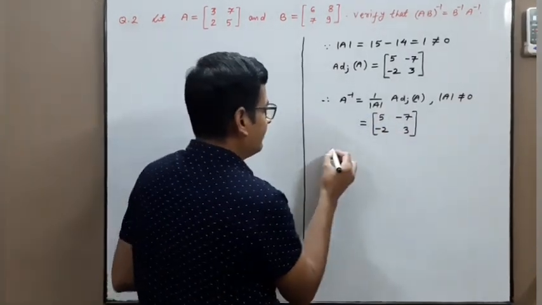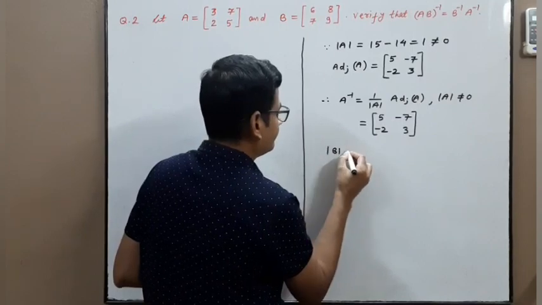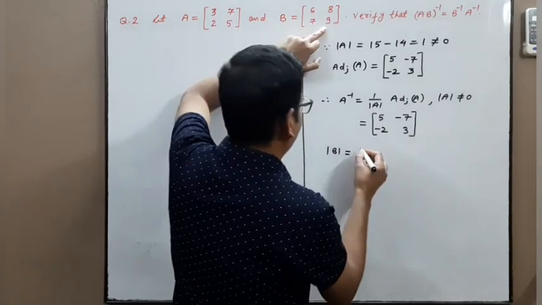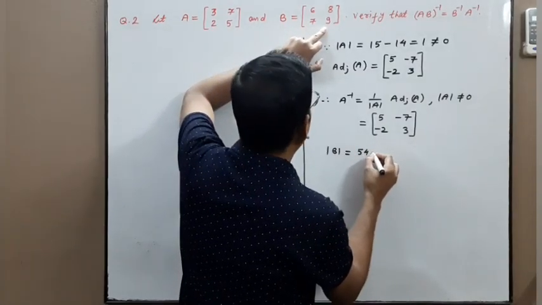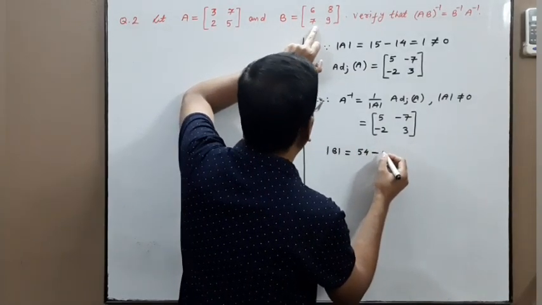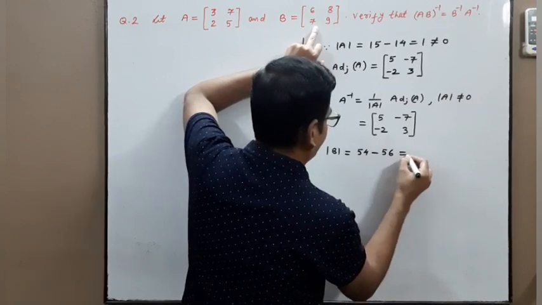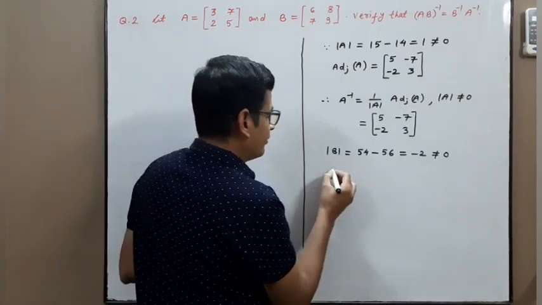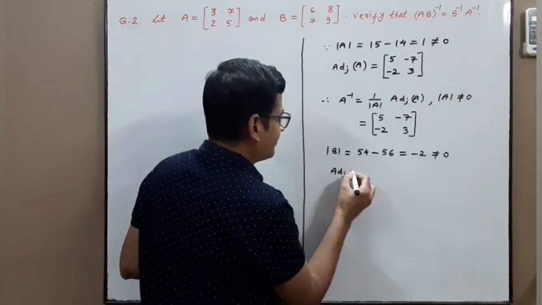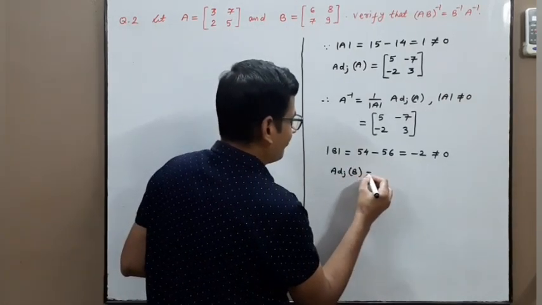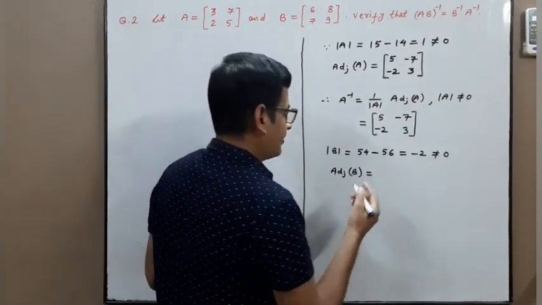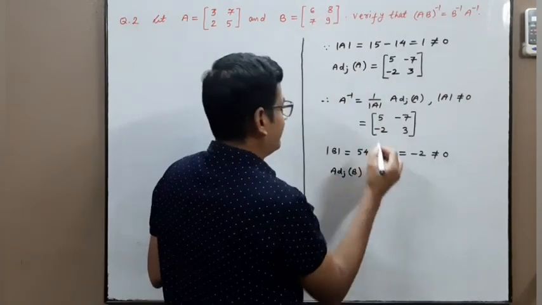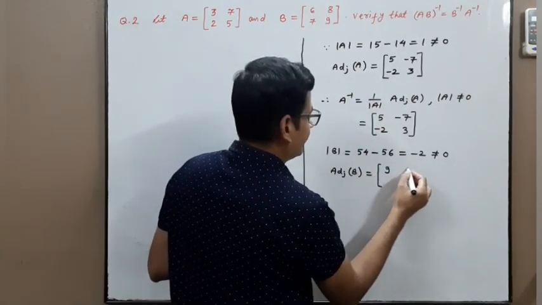Now find determinant B. Determinant B is equal to 9 into 6 is 54, minus 8 into 7 is 56, equal to minus 2, not equal to 0. Now write adjoint B. Again this is a 2 by 2 determinant, so write adjoint B directly, otherwise this question becomes too large. So adjoint B is equal to, interchanging principal diagonal elements, write 9 here and 6 here.